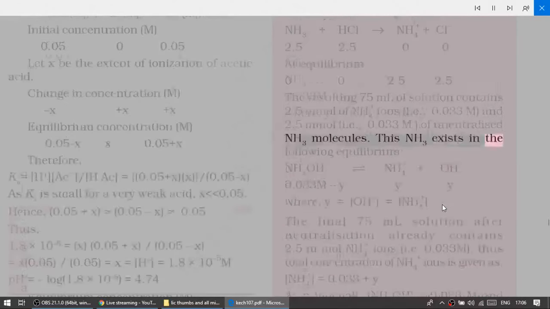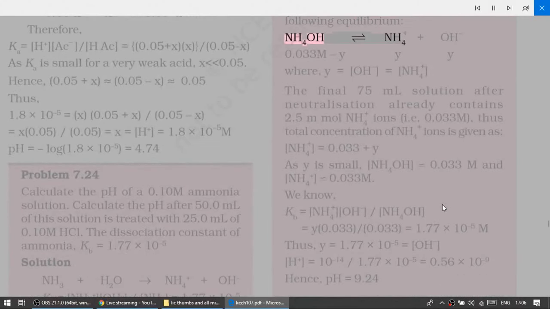This NH3 exists in the following equilibrium: NH3 + H2O ⇌ NH4+ + OH-, with 0.033 - y, y, y, where y = [OH-] = [NH4+]. The final 75 mL solution after neutralization already contains 2.5 mmol NH4+ ions, i.e., 0.033 M. Thus total concentration of NH4+ ions is [NH4+] = 0.033 + y.